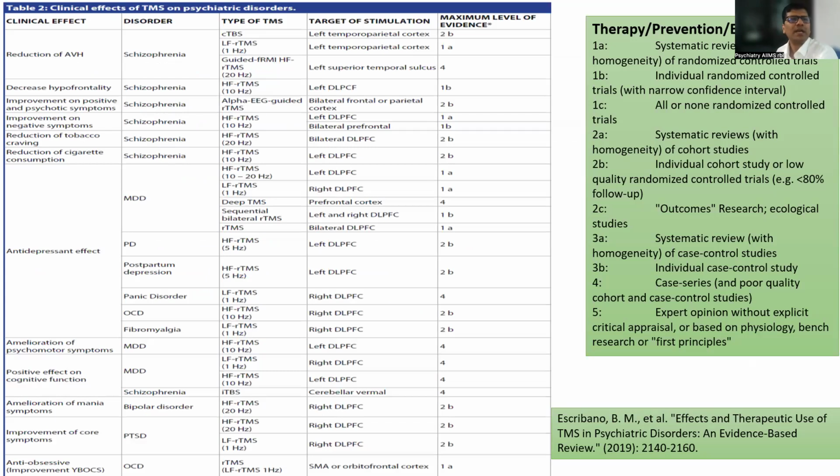Similarly, people have identified various levels of evidence with respect to use of TMS in schizophrenia, TMS in OCD, TMS in bipolar disorder, PTSD. So I'm just quickly skipping all those slides.